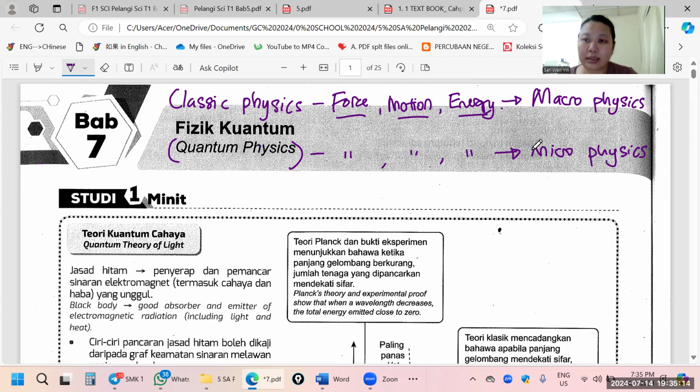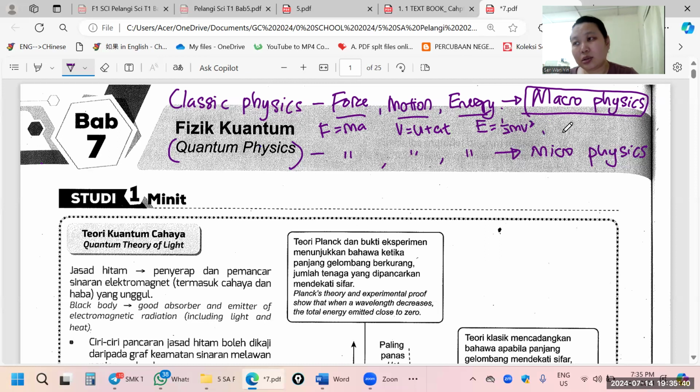Okay, then when they study microphysics, they find out, oh, why does macrophysics not apply if they use F equals ma? If they use linear speed like v equals u plus at, if they use energy, kinetic energy, gravitational potential energy, elastic potential energy, and they find out, why cannot?